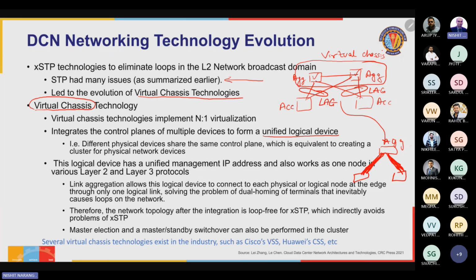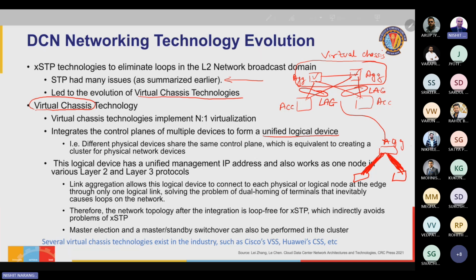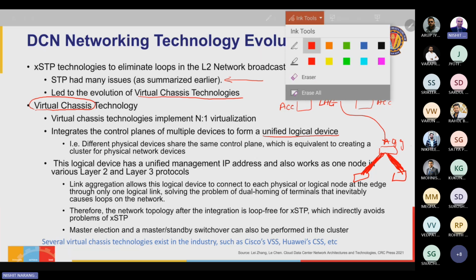So even without getting into the challenge of spanning tree protocol or the ensuing complications that result out of it, virtual chassis technology helps me avoid the cyclic paths in the network without having to reduce the data plane functions. I have double the bandwidth, so the data plane is not impacted. This is what the virtual chassis technology brought in.